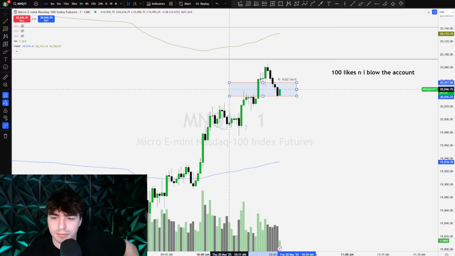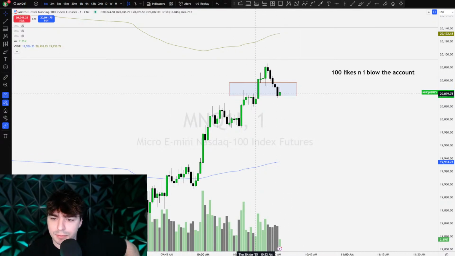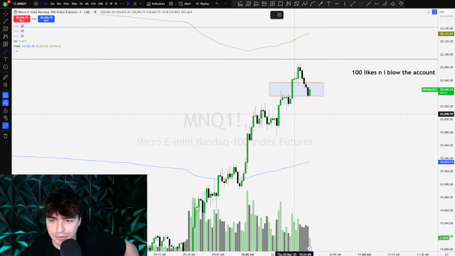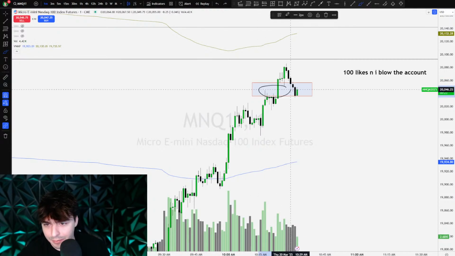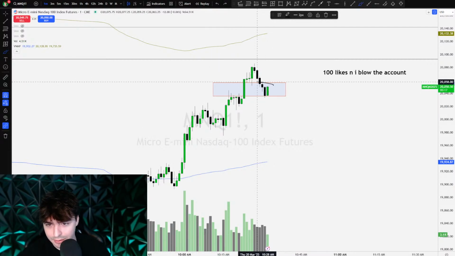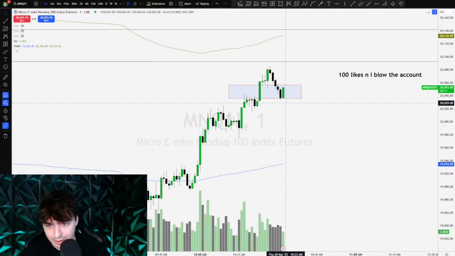I'm not usually the type to trade ICT concepts, but given all of the other factors that we've just outlined, the inversion of this fair value gap, I have seen inverted fair value gaps tend to have some significance, so I might be using that as my confirmation.